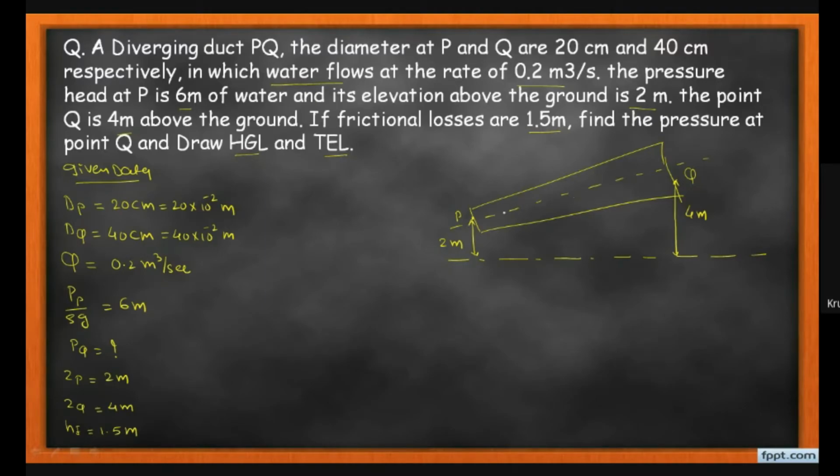Now the point P has a datum of pressure head, this is the 6 meter.